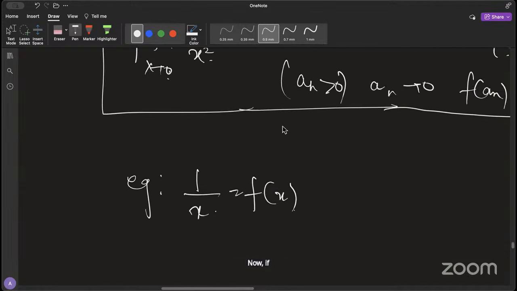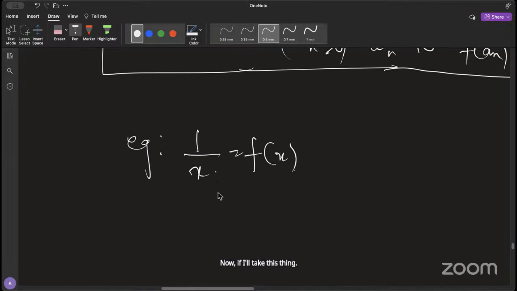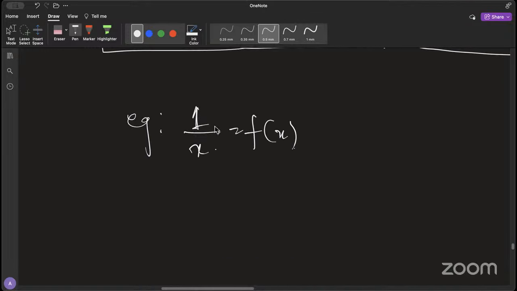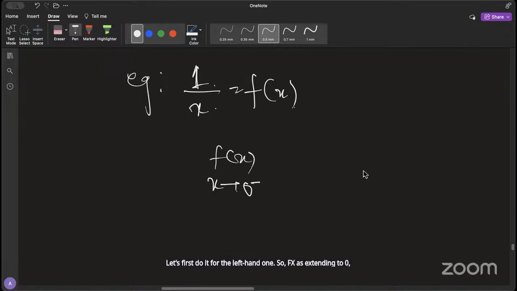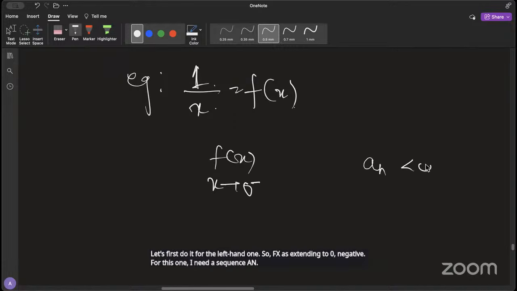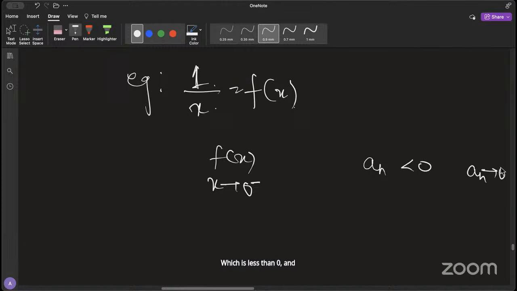Now, if I'll take this thing, let's first do it for the left-hand one. So f(x) as x tending to 0 negative. For this one, I need a sequence a_n which is less than 0 and a_n converges to 0.